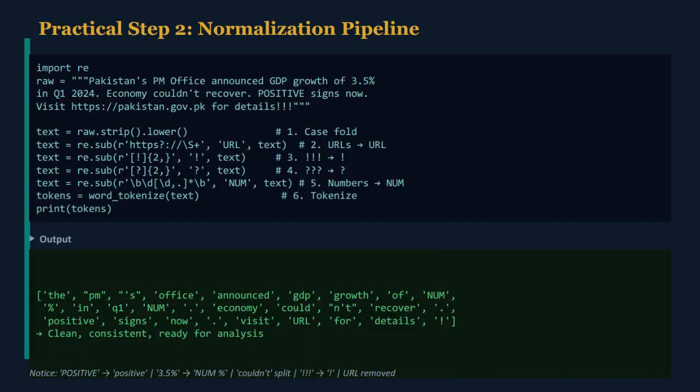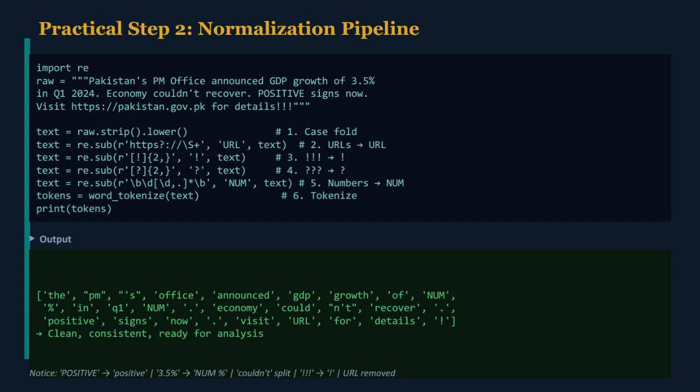The raw text is: the Prime Minister's office announced on Monday that GDP growth has reached 3.5% in Q1 2024. Pakistan's economy, which couldn't recover fully after 2022's floods, is showing positive signs. Officials said they allocated $200,000 for flood victims.